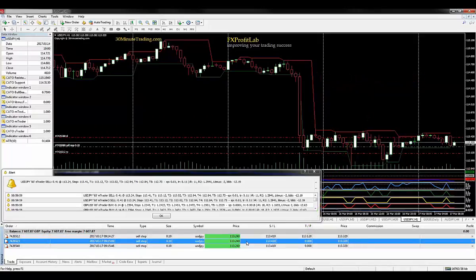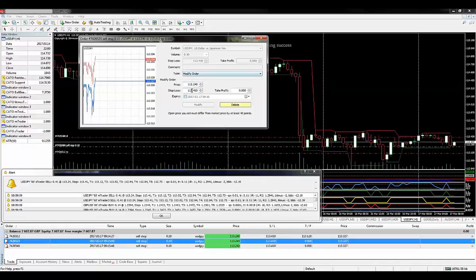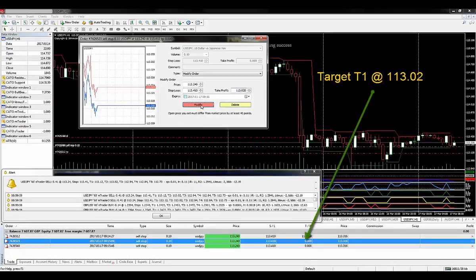We come in here and we modify the next one. And we're going to have the target for the next one at T2, 113 point. So T2 is 02. And we modify that.